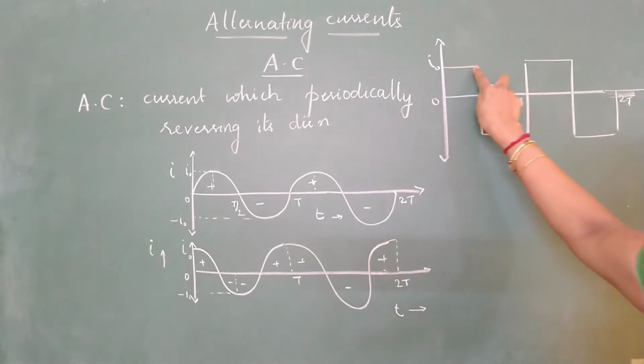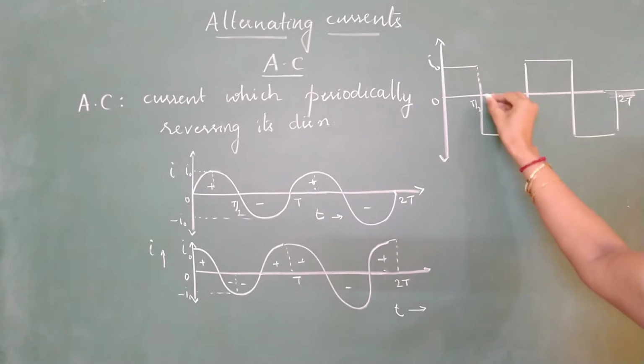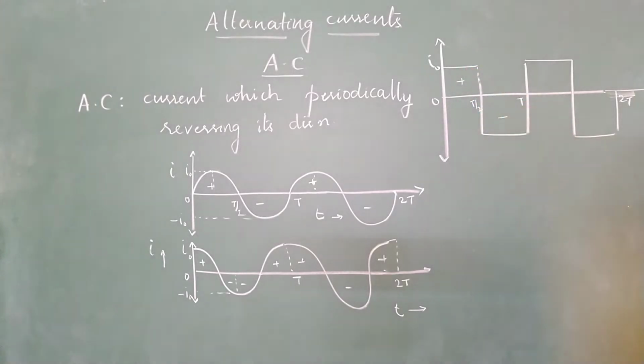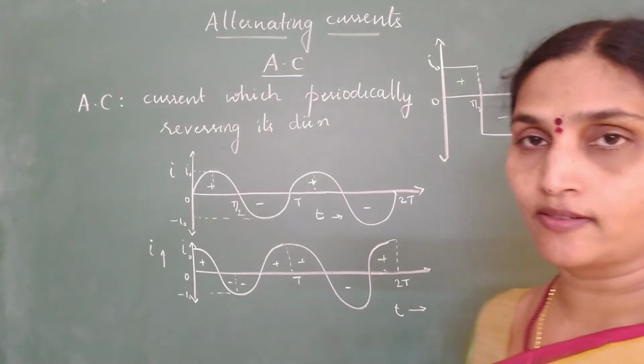It has a constant positive value from 0 to T by 2 seconds. After T by 2 seconds, it reverses its value from positive to negative. Again positive and negative. So we call this a square wave.